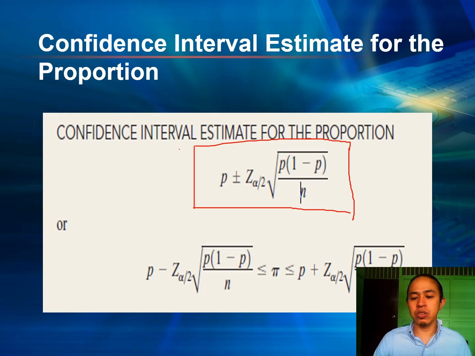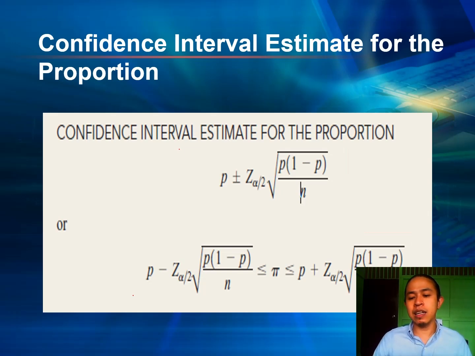So this is also the way you are going to prepare your confidence interval estimate, closely similar to what we have in preparing the confidence interval for the mean. The only difference here is the symbols that we use.